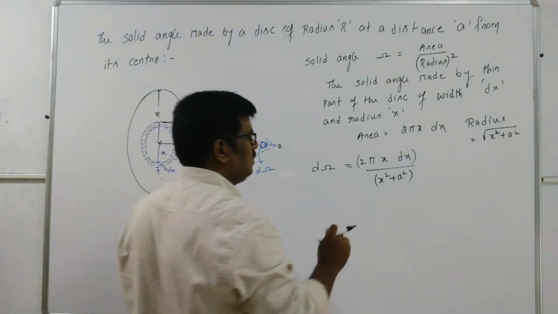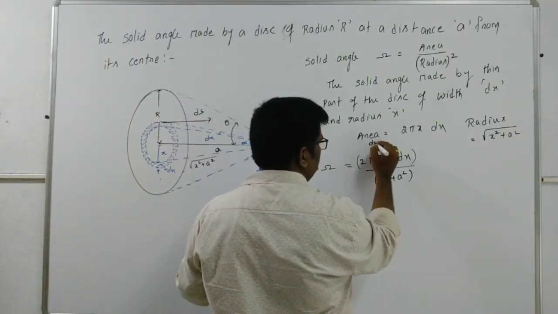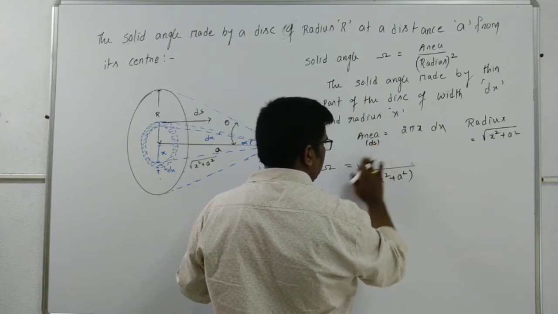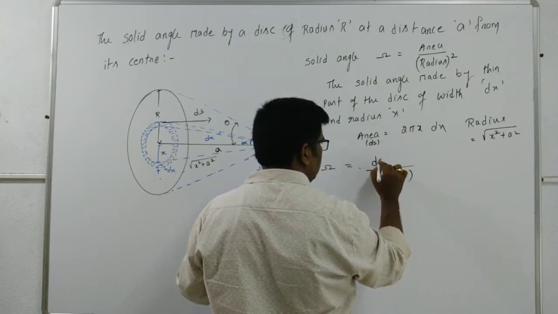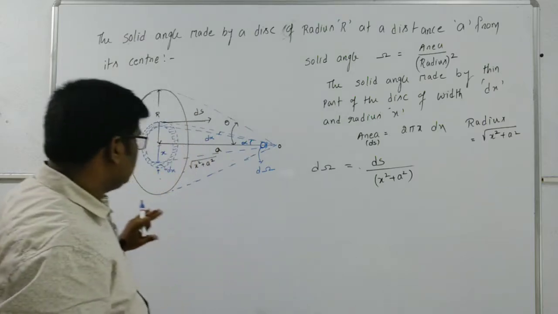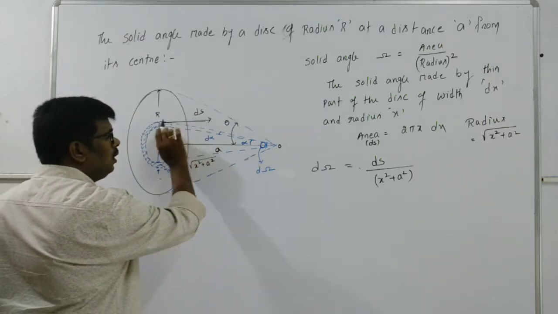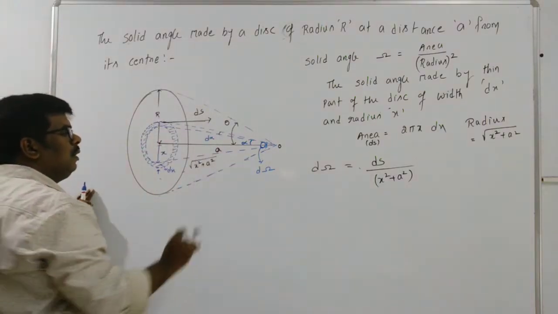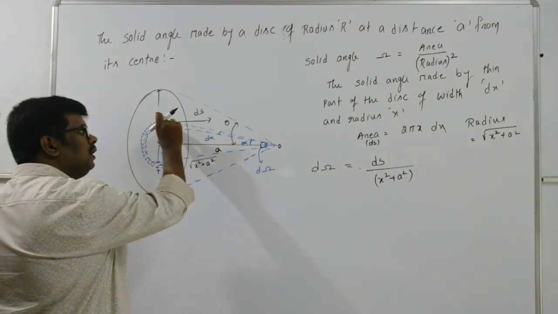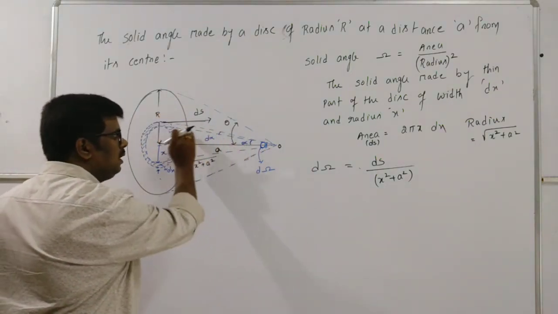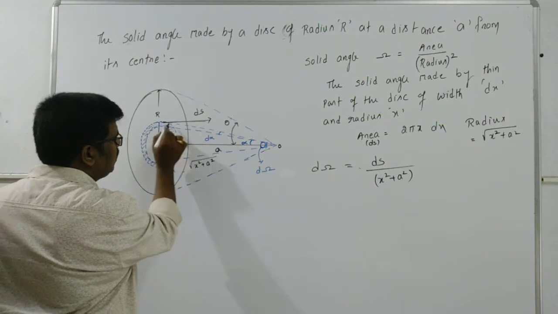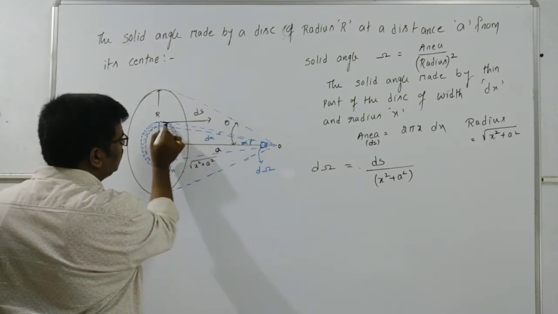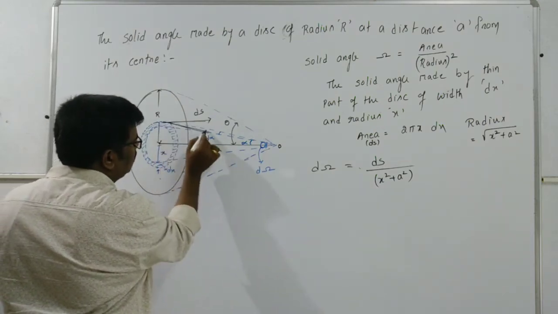So first I will write this as a small area ds only. But this is along the normal to this disc, and we are going to take the area vector towards this side. That is how much angle it makes here. This angle is alpha.